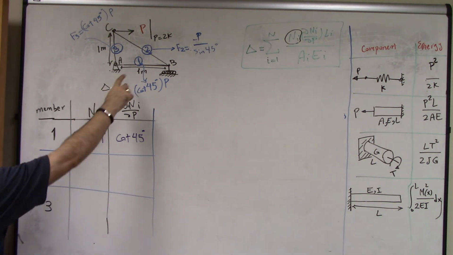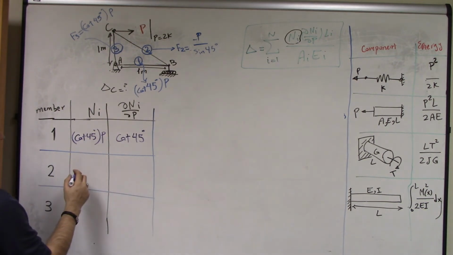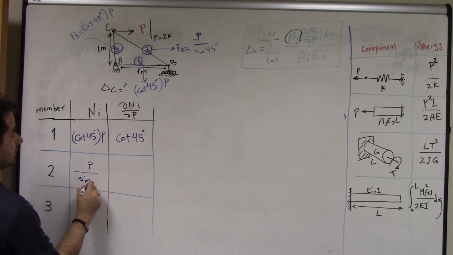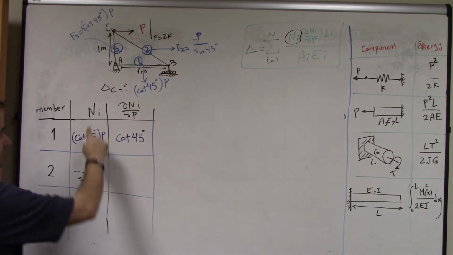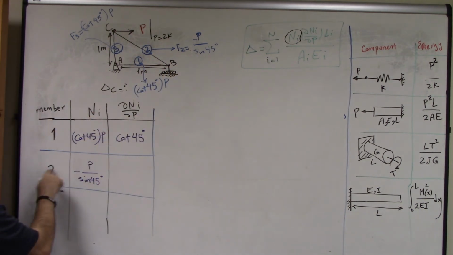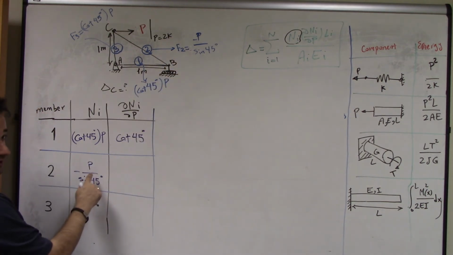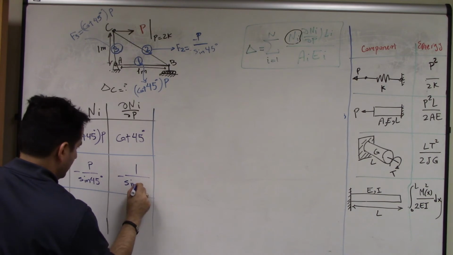Then we go to member 2. The axial force is negative P over sine 45 degree. This is force in member 2. You see member 2 and 2 here. And then the derivative with respect to P is negative 1 over sine 45.